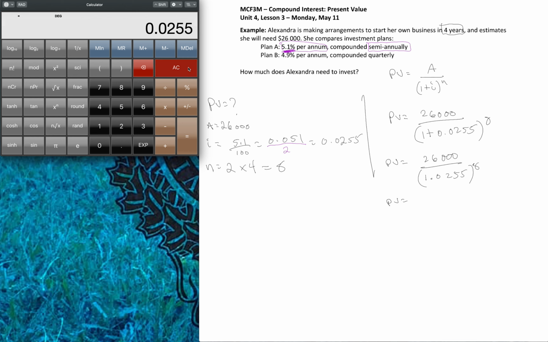We can go to our calculator. We can go 0.0255 to the power of 8. It's going to equal that. Okay. I can't be right. Let's try this again here.